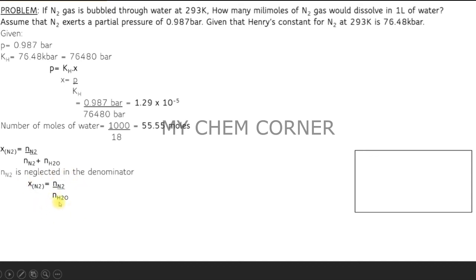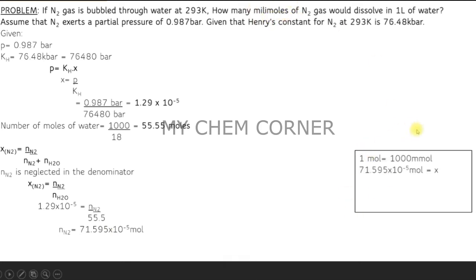Now in this formula, the number of moles of water we just found out, and the mole fraction of N2 we found over here. So what is left is the number of moles of N2, which is what the question asks. We just have to substitute the values and get the number of moles of N2. But our question does not stop here, because the answer should be in millimoles, not in moles.